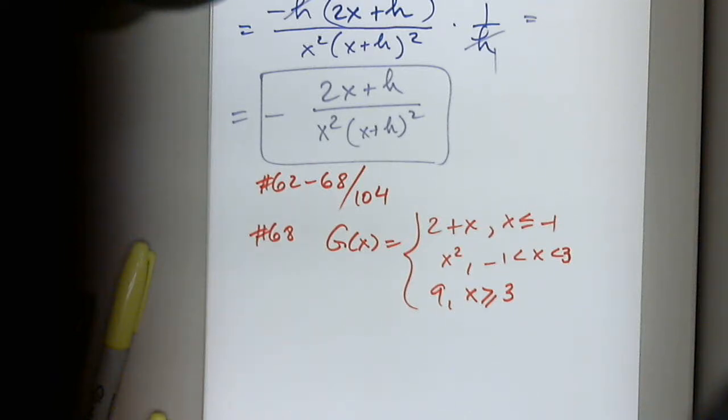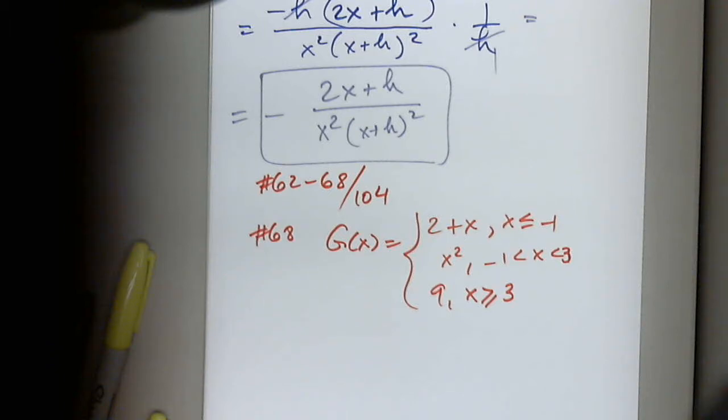Okay, so the requirement here is to graph this function. It looks awful, right? Initially, when you look at it, you say, oh no, right? The name of this function is piecewise. Why is it piecewise? It's 3 pieces, exactly.